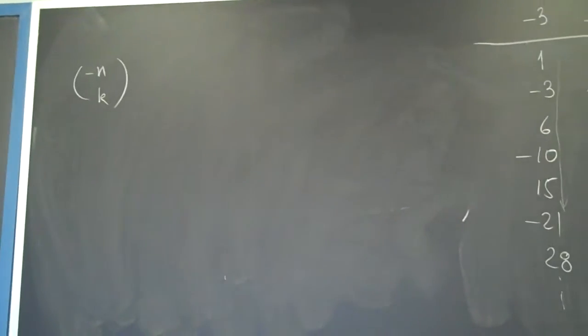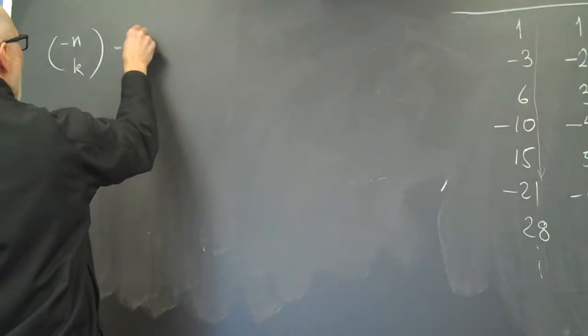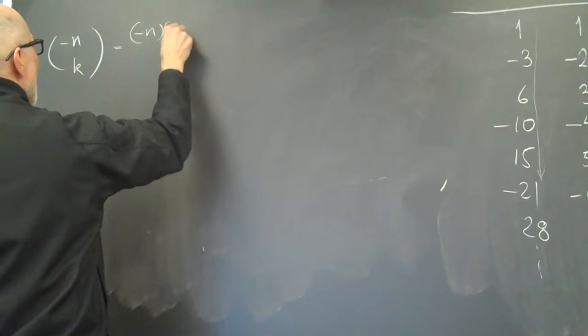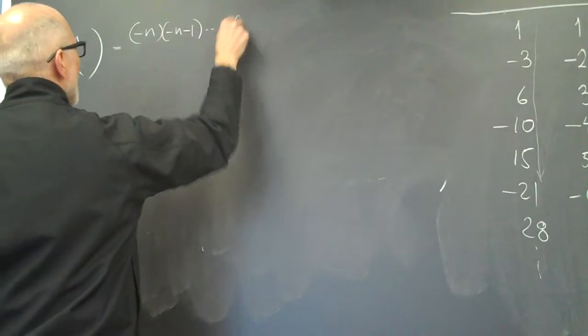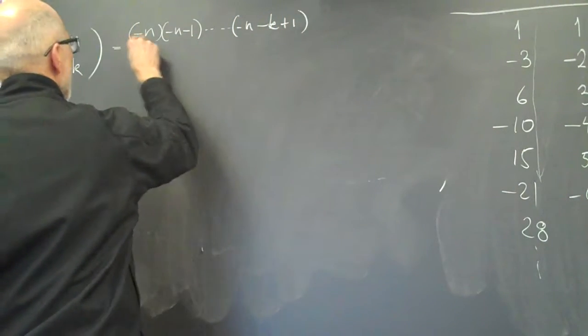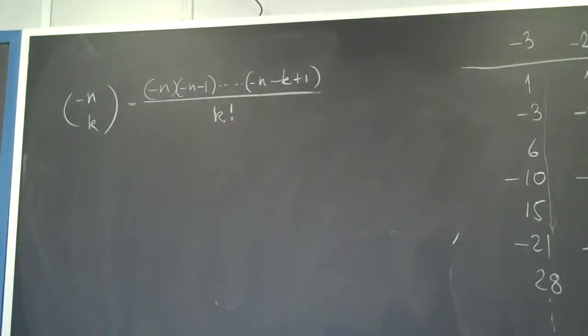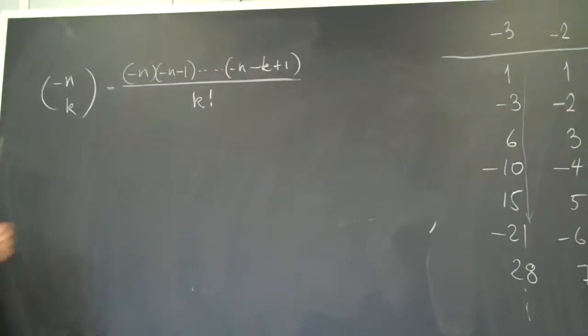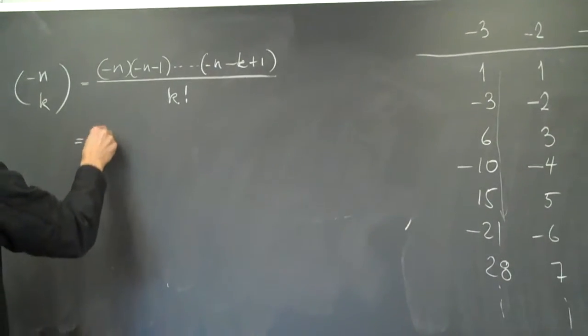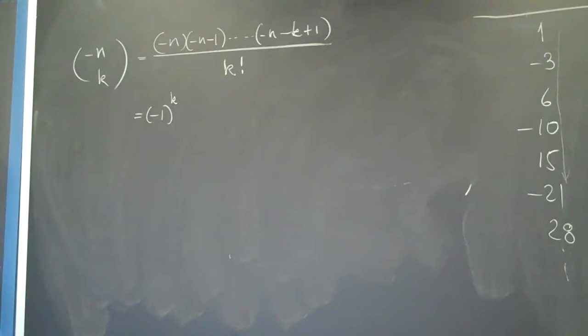Minus n choose k. Well, we have the formula, so let's beat up on the formula. Minus n, minus n minus 1, down to minus n minus k plus 1, divided by k factorial. Okay. Let's see. If I fished out all the minuses, I would have that many minuses.